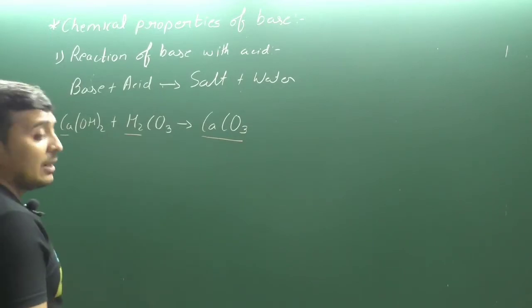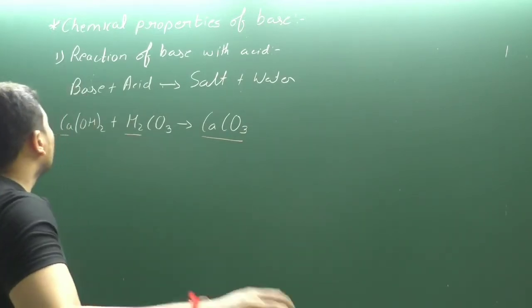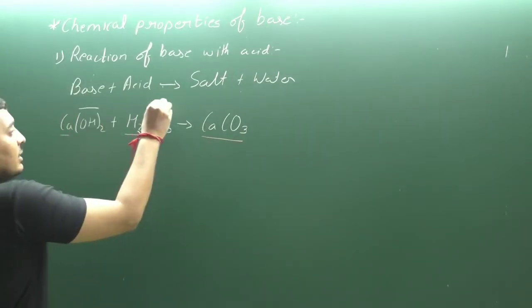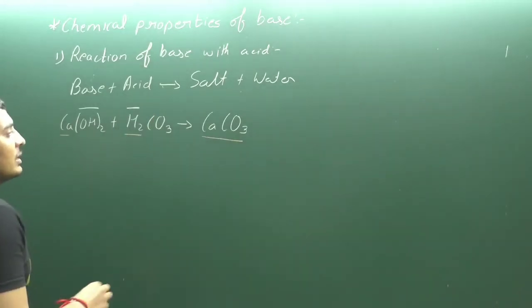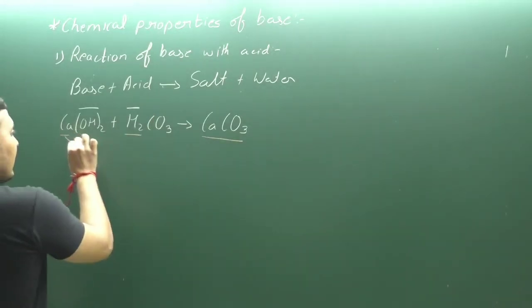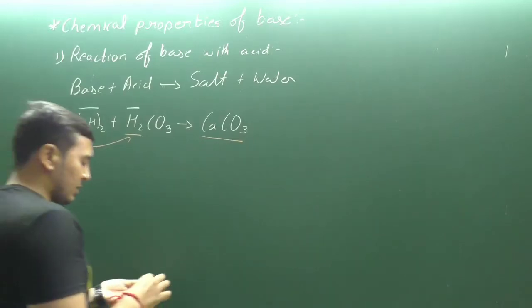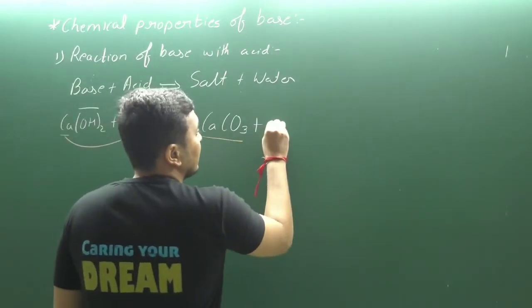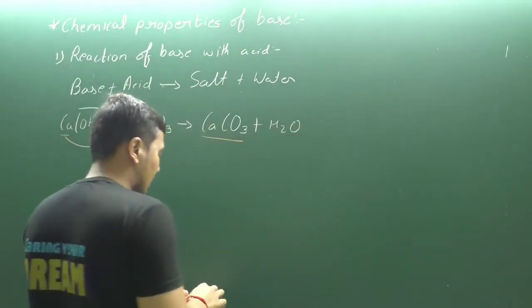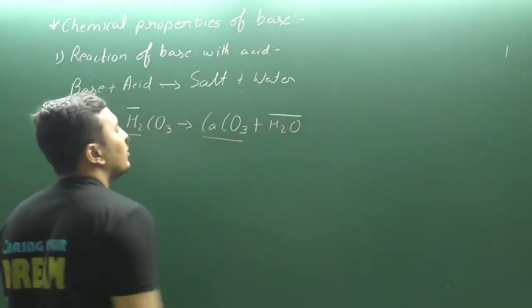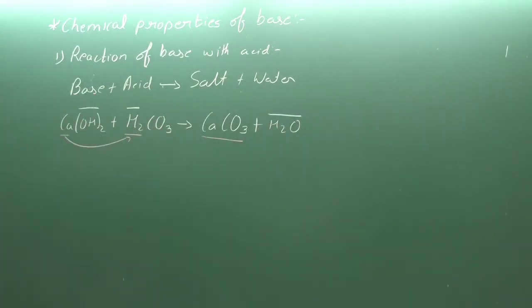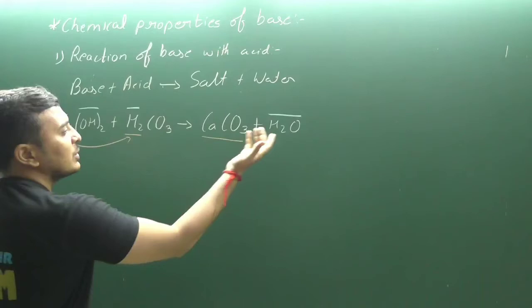Clear? Now, this OH and this hydrogen form water, H plus OH, that is H2O. Clear? Getting it? So, when base reacts with acid, it forms salt and water.